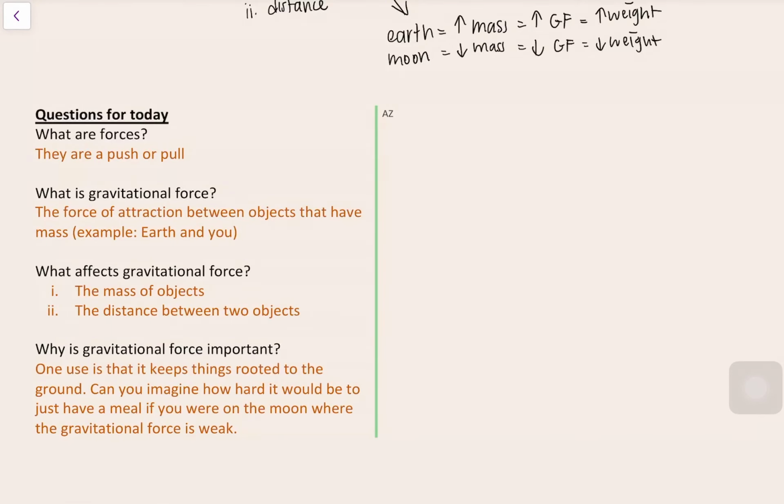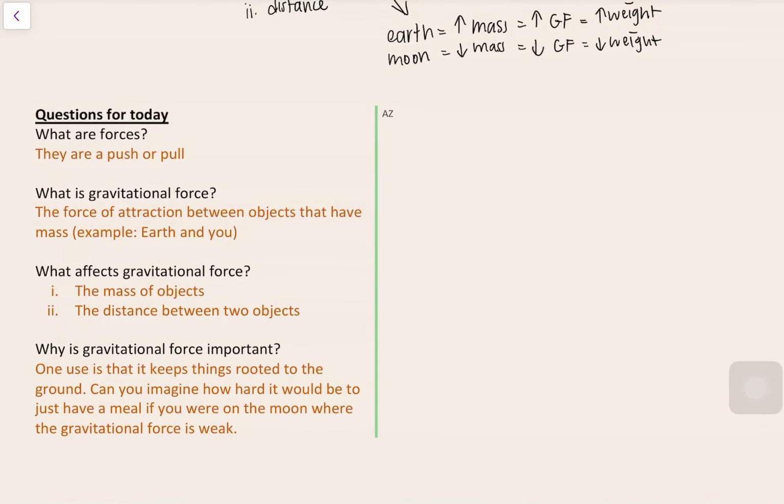So what affects gravitational force? Firstly, the mass of the objects, as well as the distance between the two objects. The greater the mass, the greater the gravitational force. The greater the distance between the two objects, the weaker the gravitational force. So the last question is, why is gravitational force so important?